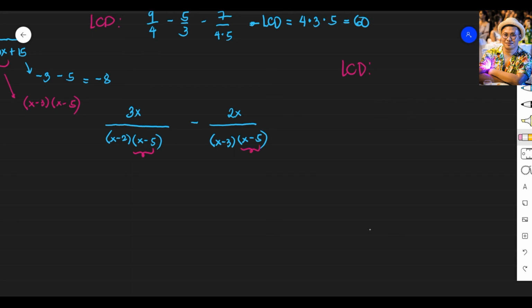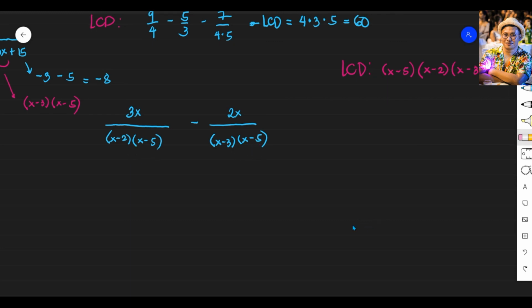It then follows that when we solve for the LCD, which is the product of the denominators, we write x minus 5 only once. So we get x minus 5 times x minus 2 times x minus 3. There you go. So that is our LCD.